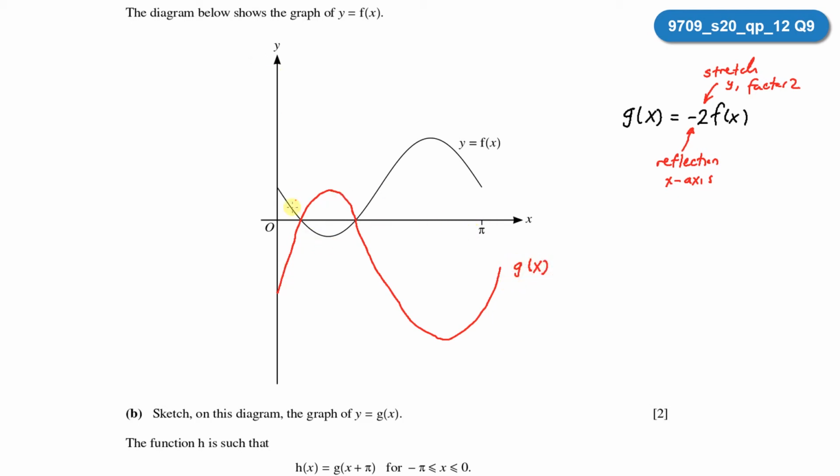So it's showing us two things. Number one, the fact that the graph of y is equal to f of x has been reflected. That's why it's now flipped upside down. But besides being flipped upside down, it's also been stretched by factor 2. So that's why it's now looking a bit more stretched than it originally was. So this is more like the sketch that is required here.